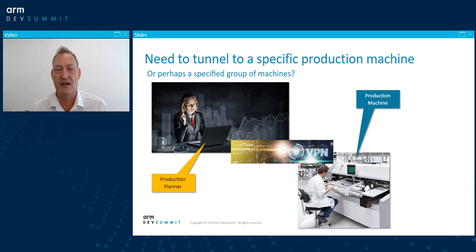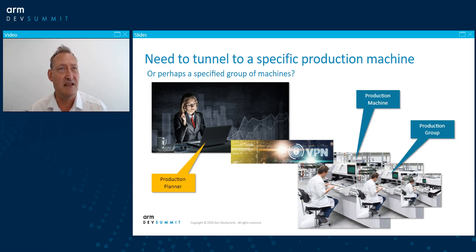Who knows what other manufacturing plant is there, what other products are being produced there, who the management team are, who the shop floor team are. So actually it would be quite sensible to see if we can VPN directly into an individual production machine so that we know exactly where our product is going to be made, and we can limit the attack surface to just that one production machine.